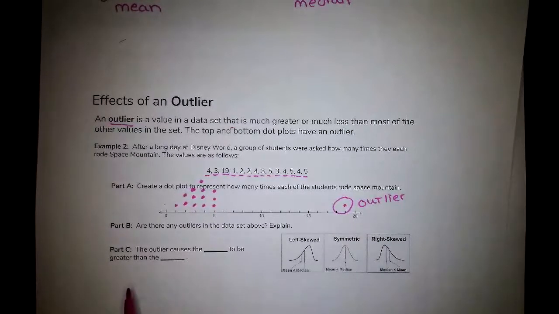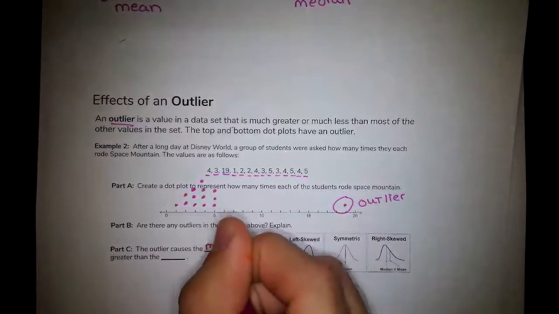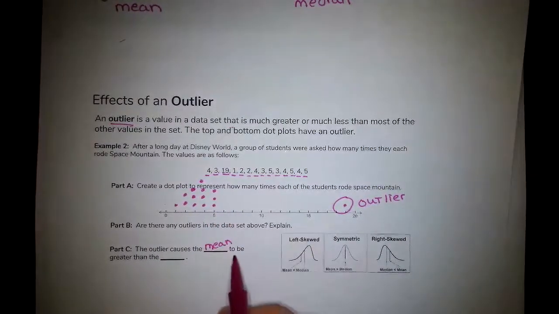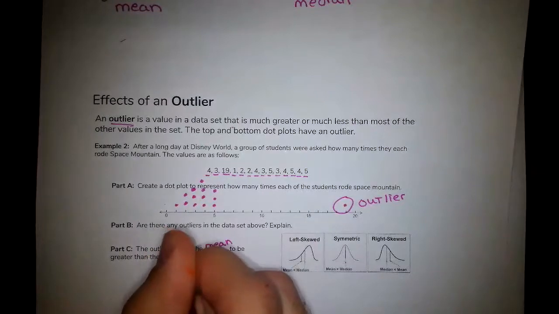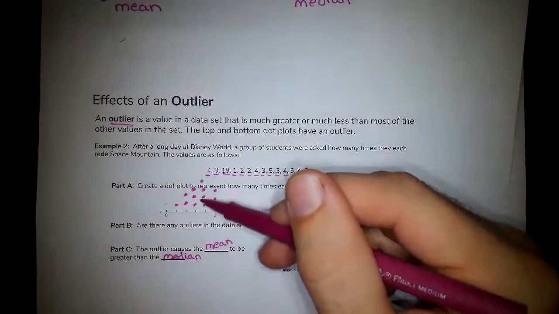Because of the outlier right here, because this number is so much bigger than everything else, it causes the mean, the average, to be greater than the median. The median's probably somewhere around here.